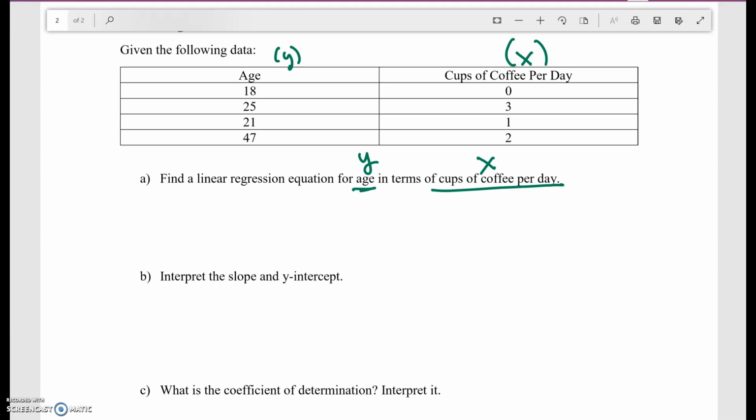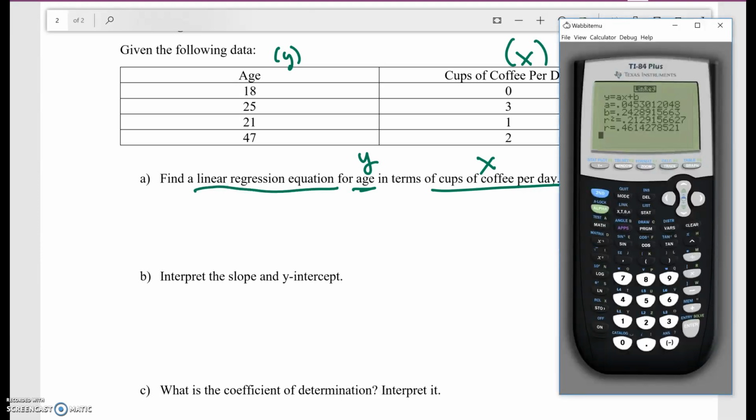Now we want to find the linear regression equation, so let's use our calculator. Let me clear this. I'm going to press stat first, go to edit. The first thing that I enter is my x variable, which in this case is cups of coffee.